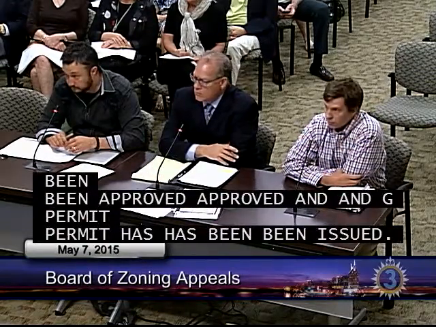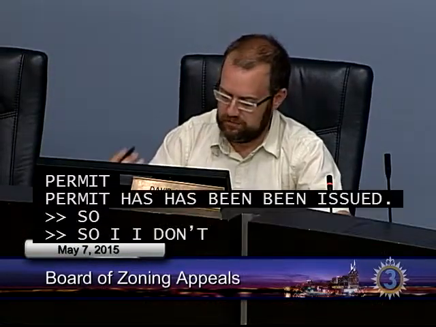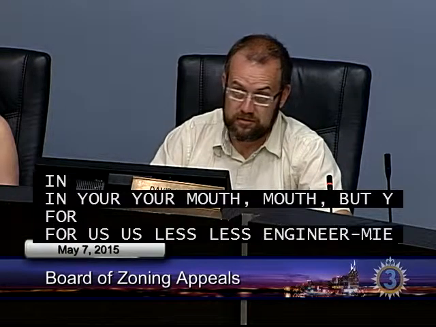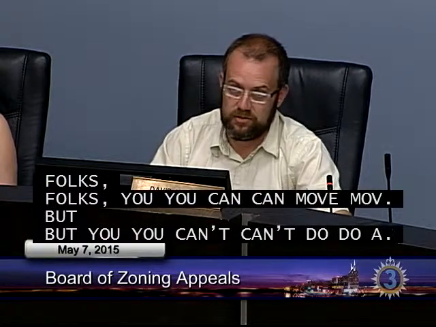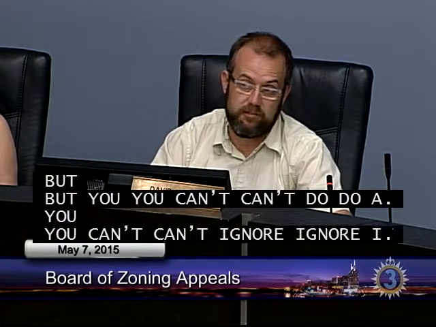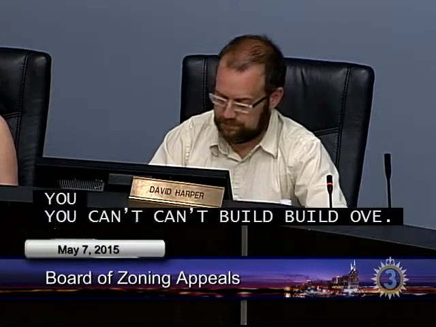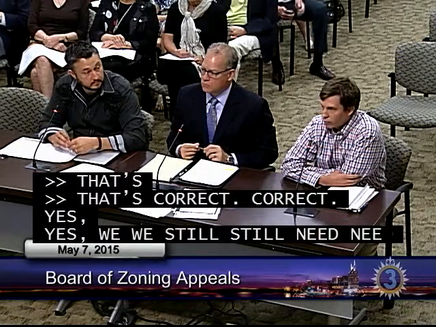So I don't want to put words in your mouth, but to clarify for us less engineer-minded folks, you can move it, but you can't do away with it. You can't ignore it, and according to Metro, you can't build over it. Is that right? That's correct. Yes, we still need to provide safe conveyance of that water through our site.